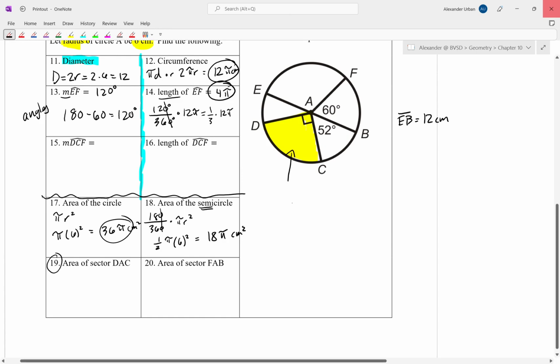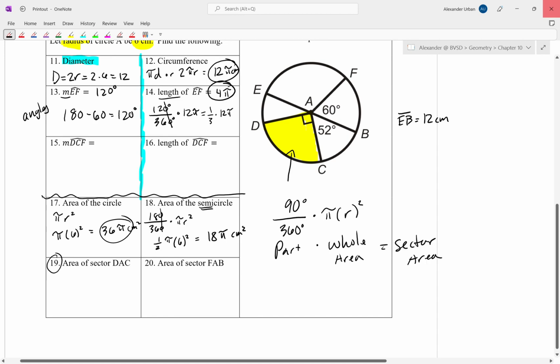Okay, well, this is 90 degrees out of the whole entire circle, 360 degrees, times pi times r squared. Remember, this is part of the circle times the whole area. And that's going to get me the sector area.